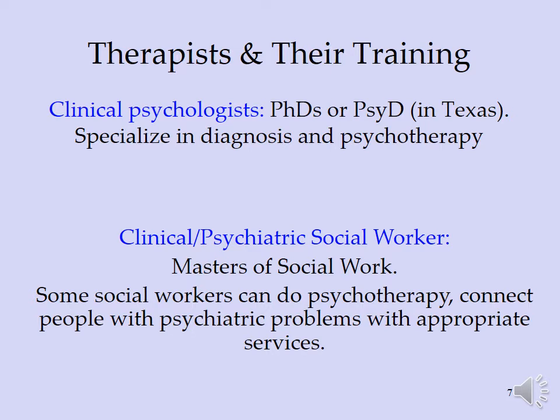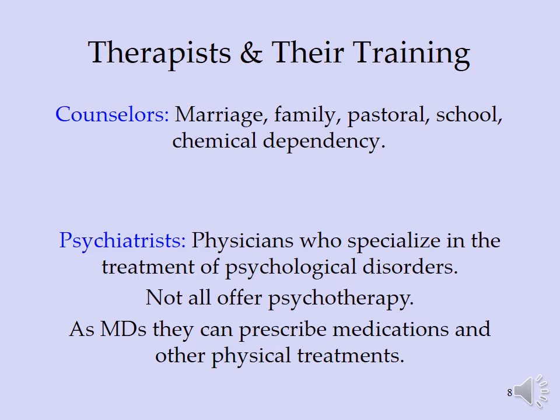Many of these social workers are also trained to do various forms of psychotherapy and are able to do so in addition to connecting people with psychiatric problems with appropriate services. We also have then a variety of types of counselors.